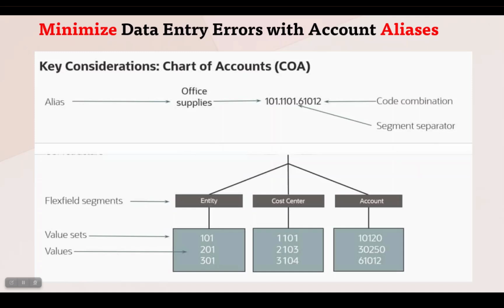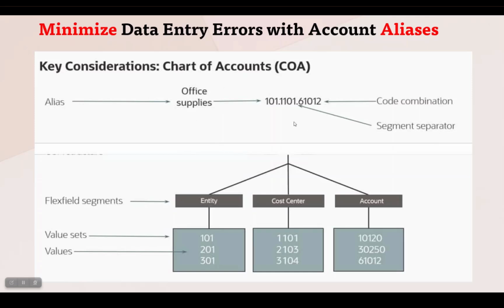You can also keep in mind this option during your discussion with the finance team, that instead of letting the user select the code combinations, they can select the alias.